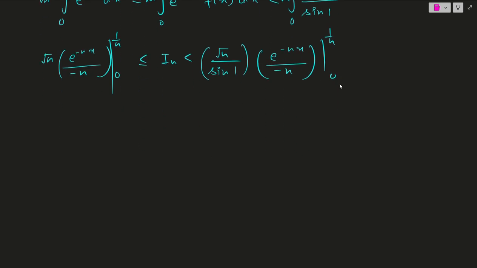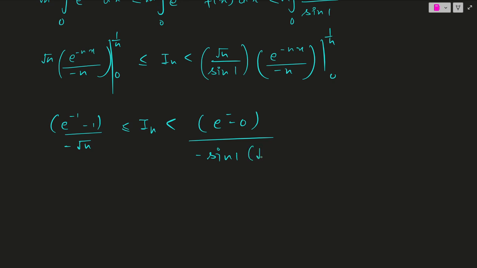Now after evaluating and substituting the limits, what we'll get is (e raised to power minus 1 minus 1) under root n, same with this and same with this, minus sin 1 under root n.